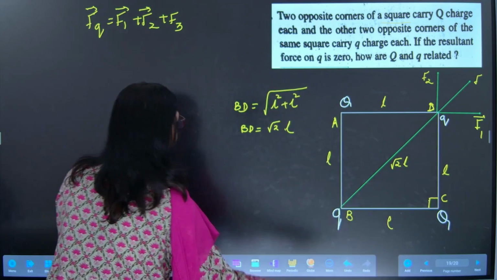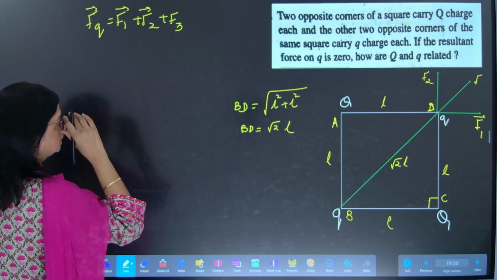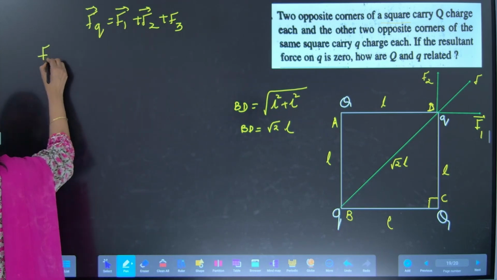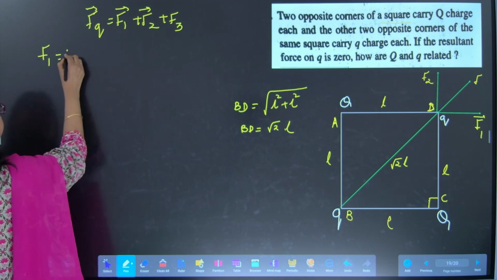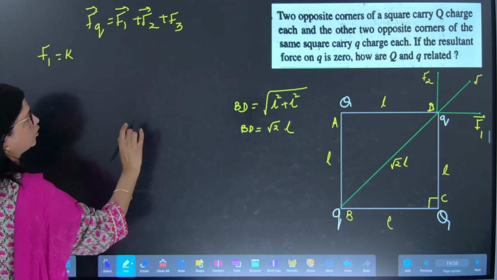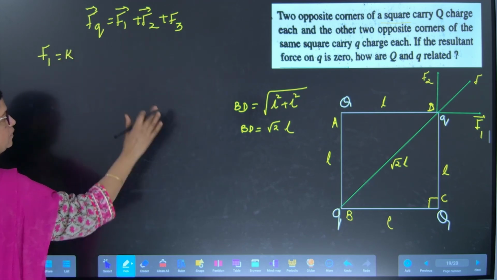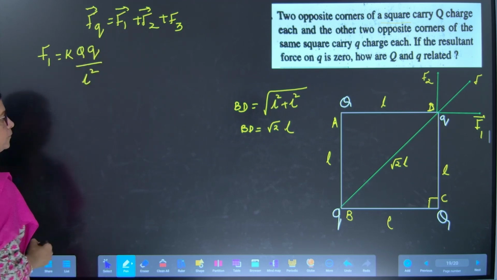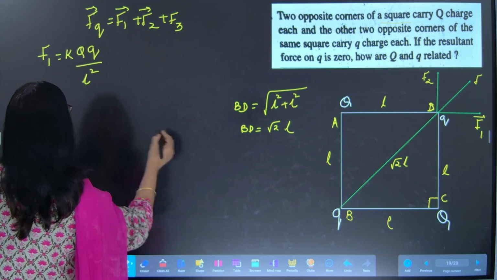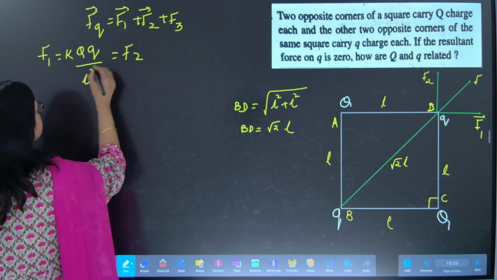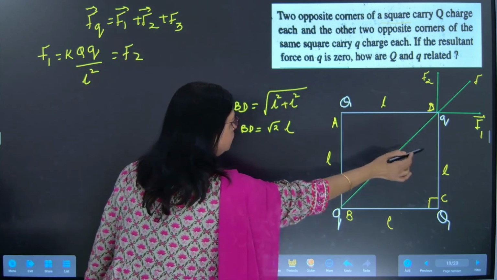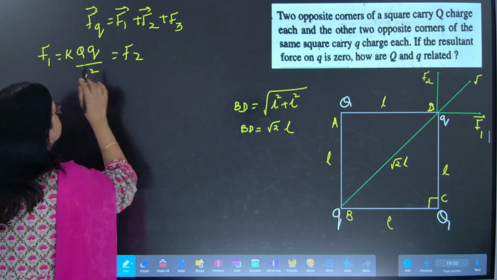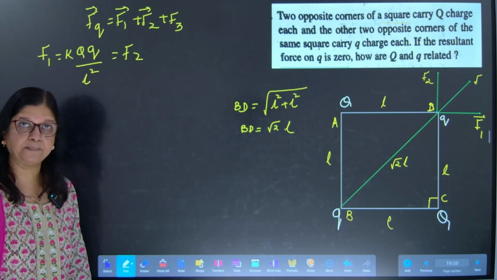Fine. So we can use these distances between the charges here and write the value of F1 is equal to K capital Q, small q, because the force F1 is between capital Q and small q, upon L square. Similarly for F2 also, as you can see, the charges are the same, capital Q and small q, distance is again L, so the force F1 and F2 magnitude is the same.